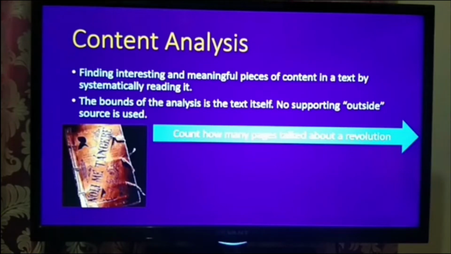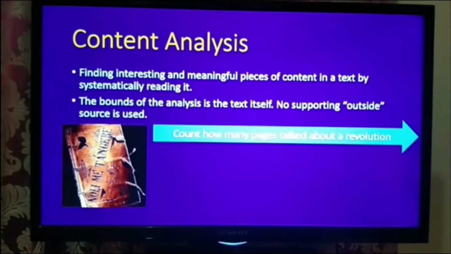For example, the Noli has 200 pages and it has 110 pages that mentioned the word revolution. So that means, wow, that's more than half of the novel mentioning the word revolution. So this novel must be revolutionary. You can conclude that.